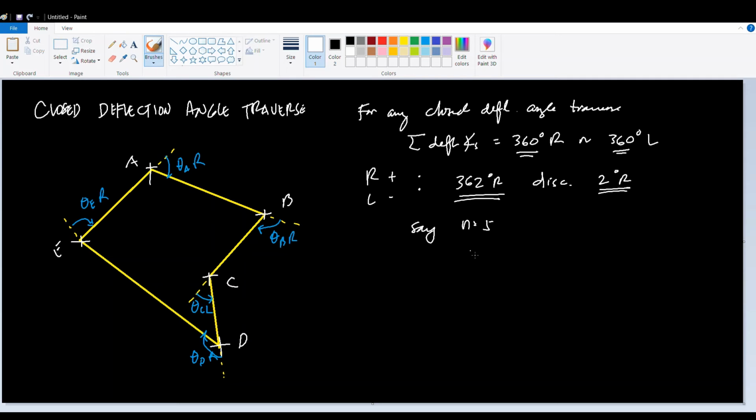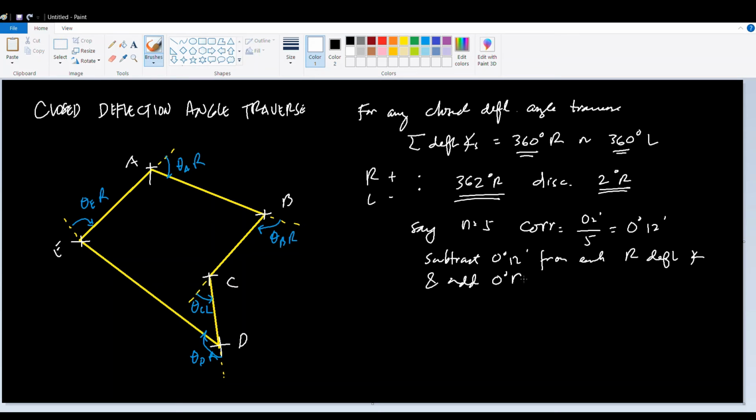The correction will be 2 degrees divided by 5, and that will be equal to 24 minutes. So for all right deflection angles, subtract the correction from each right deflection angle and add it to each left deflection angle. Alright?